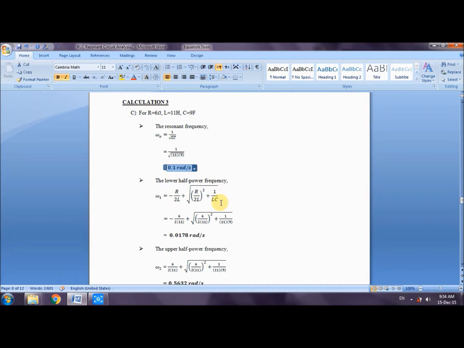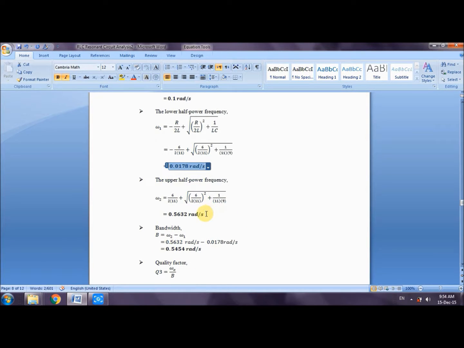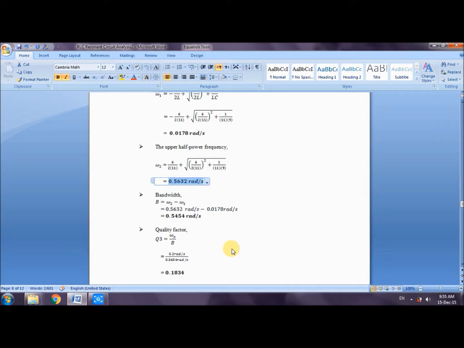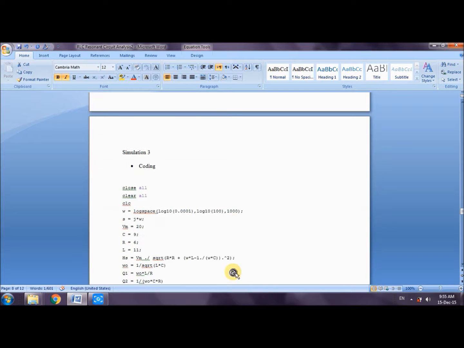For the lower half power frequency, we got 0.0178 radian per second, and for the upper half power frequency, we got 0.5632 radian per second. For the bandwidth, we got 0.5454 radian per second, and the quality factor that we obtained from our calculator is 0.1834.